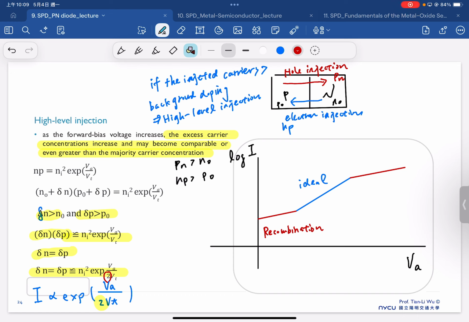This is because of exponential VA over 2Vt. Because we have the 2 in here, this will limit the performance.